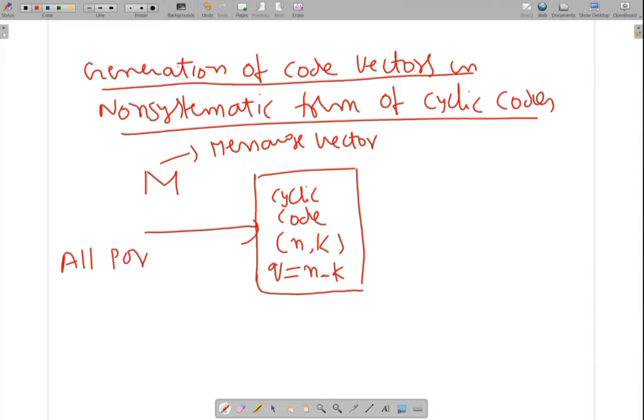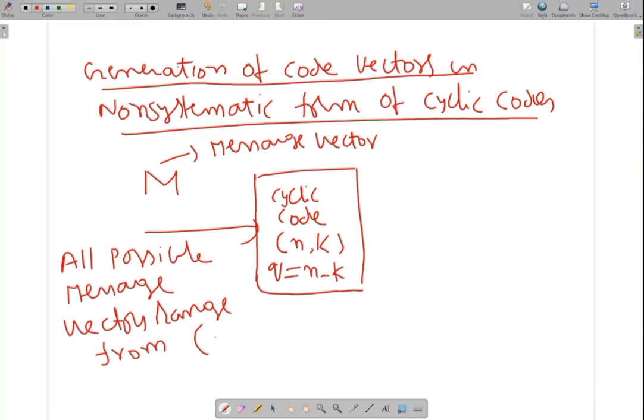All possible message vectors range from m0 to m2 power k minus 1. Cyclic code transforms this message vector into an encoded code word represented by x.